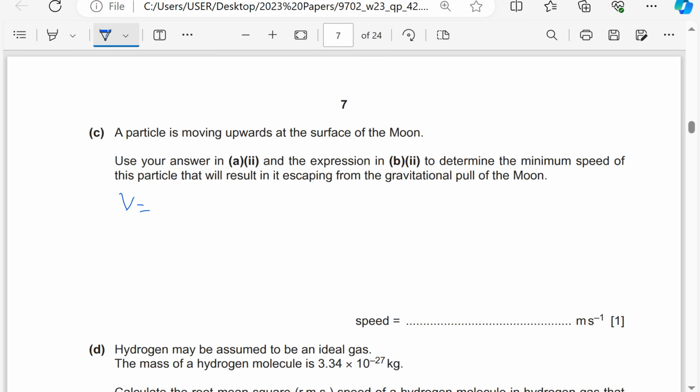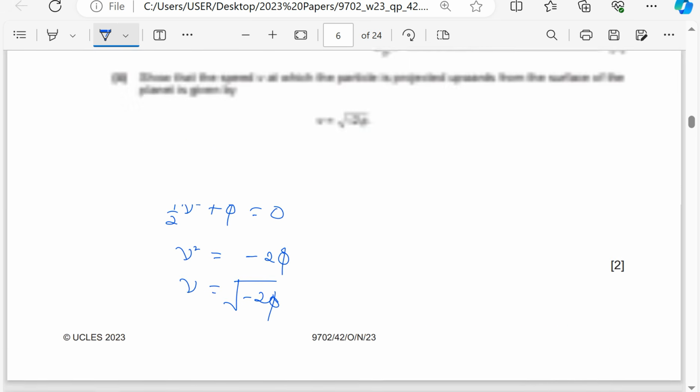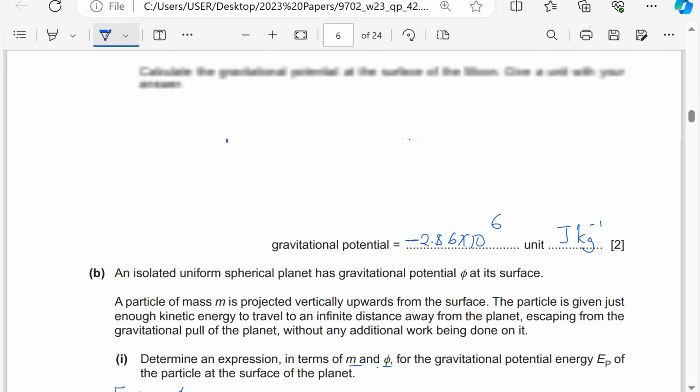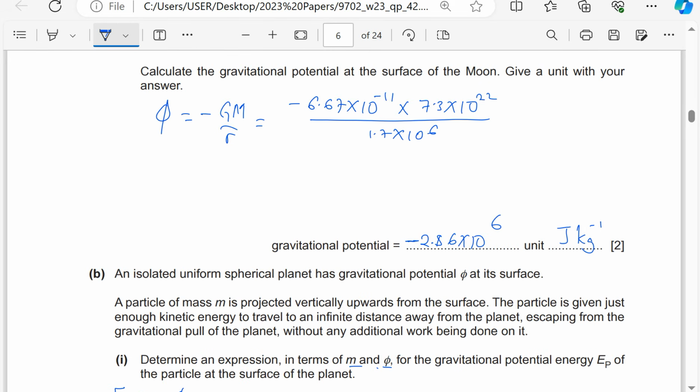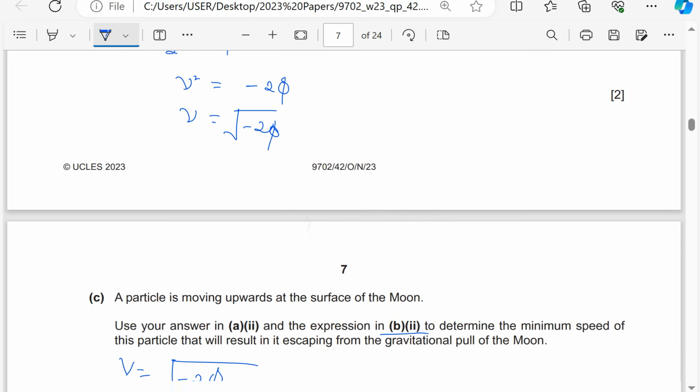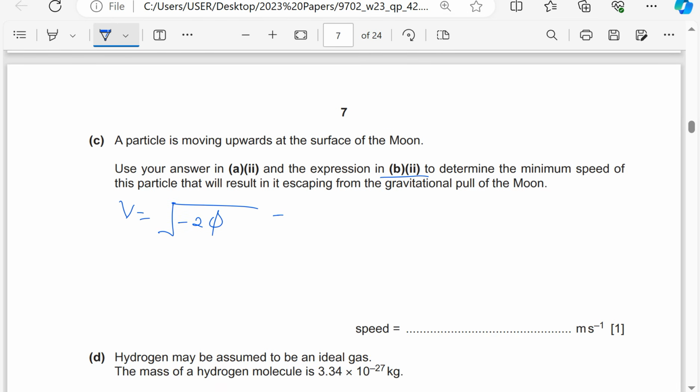So v is equal to the square root of negative 2 times phi, that is from B Roman 2. And in A Roman 2, we got phi as negative 2.86 times 10 to the power of 6, so I'll just substitute. So this is the square root of negative 2 times negative 2.86 times 10 to the power of 6.